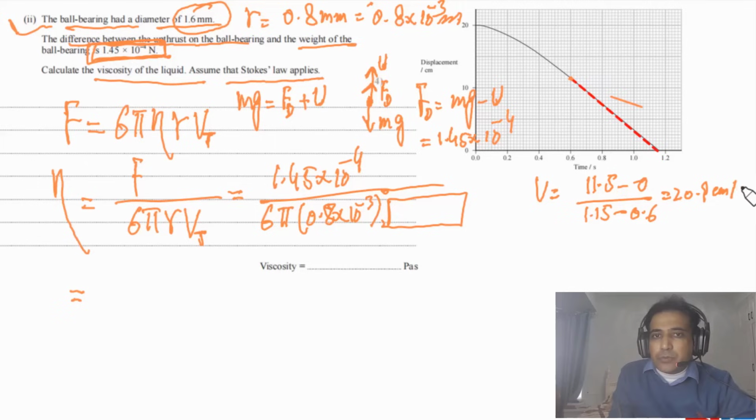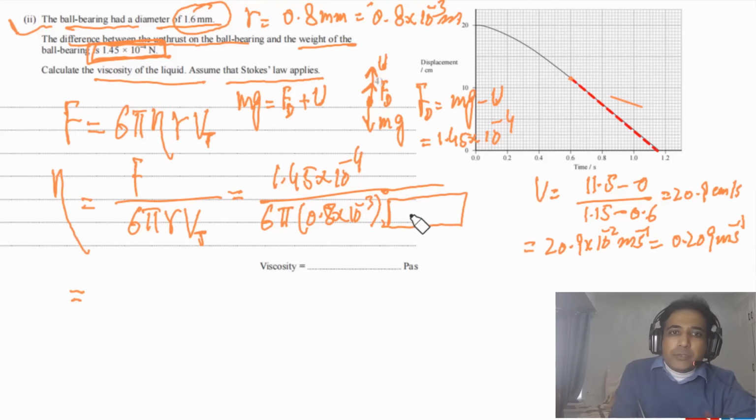20.9 centimeters per second, and we can convert this into meters. So we will have 20.9 times 10 to the minus 2 meters per second, or we can say this is 0.209 meters per second. So simply we can write here 0.209, and if we solve this, we will get the value of viscosity, which will be equal to 0.0460 Pascal second.